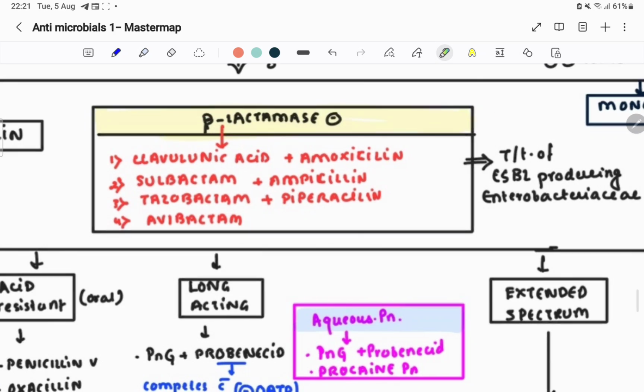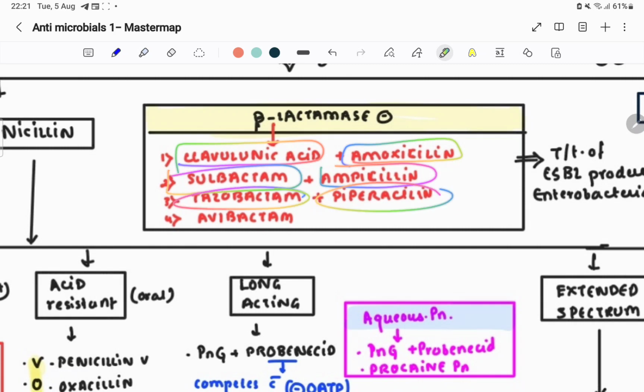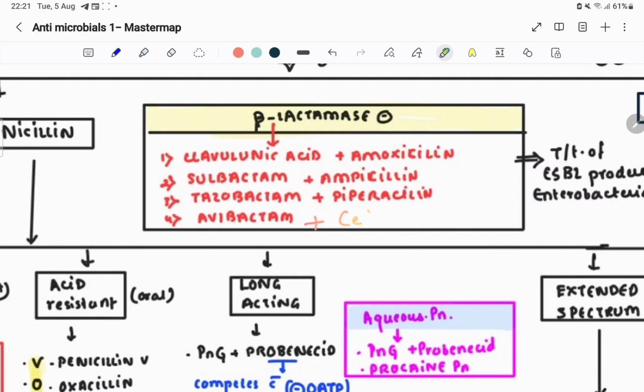We combine amoxicillin with clavulanic acid, ampicillin with sulbactam, piperacillin with tazobactam, and avibactam is also there. We combine avibactam plus ceftazidime.